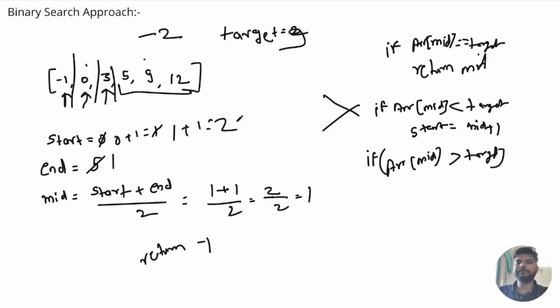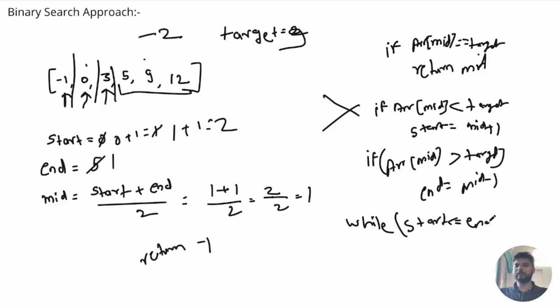So we need to do end is equal to mid minus 1. Okay, so these are the 3 conditions and we need to run a while loop whose condition is start is lesser than or equal to end, right? Because start cannot be greater than end, right? Okay, so hope you are clear with this binary search approach.